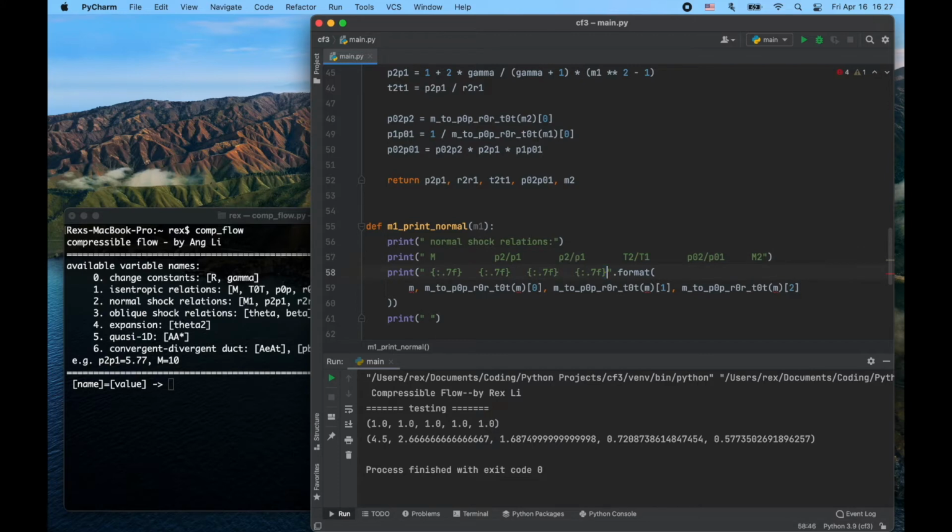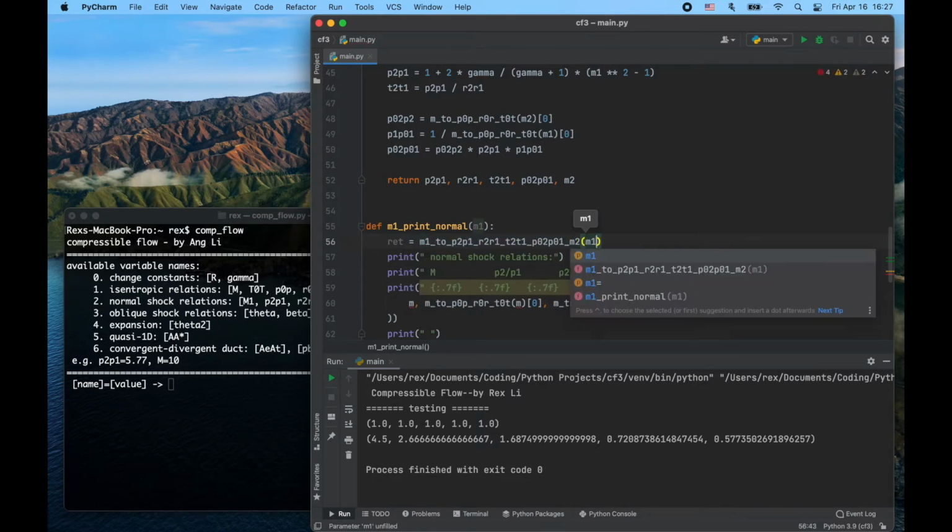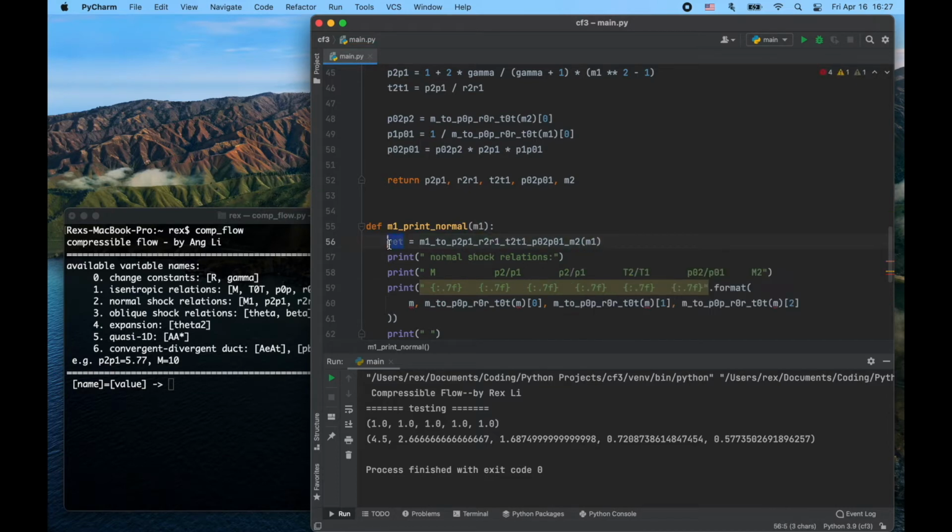We have two additional variables. And here, I would rather let the function run just once. So I will just call return equals to M1 to that, passing it M1. So this value would be a tuple of all the variables. So this one is Mach number 1, and this one is return, but I only take the first value.